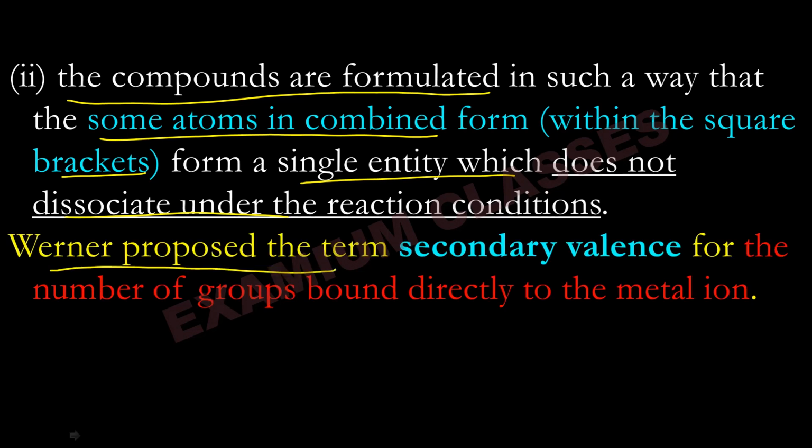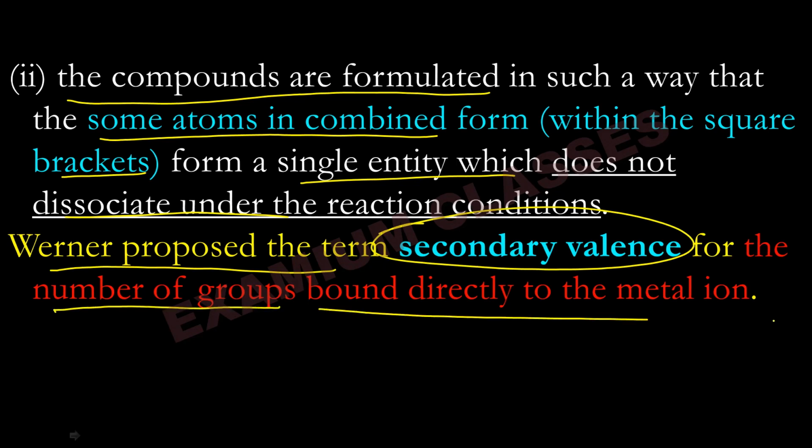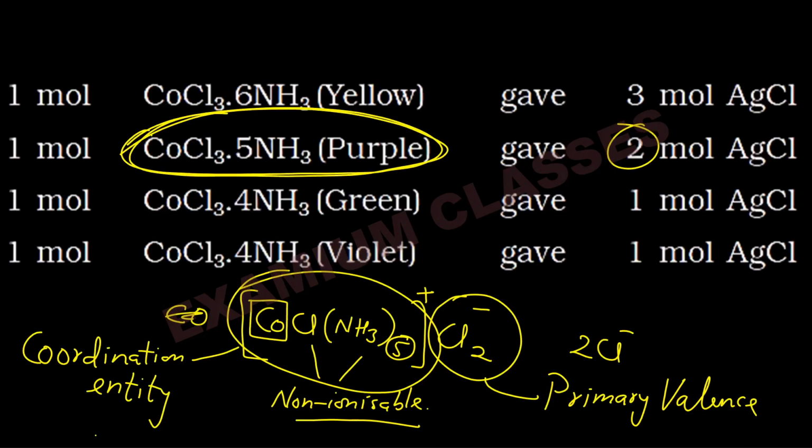Werner proposed the term secondary valence for the number of groups bound directly to the metal ion. Now I am asking the same question. What is the secondary valence in that case? Do you still say 1? There are 6 ligands attached to the central metal atom.